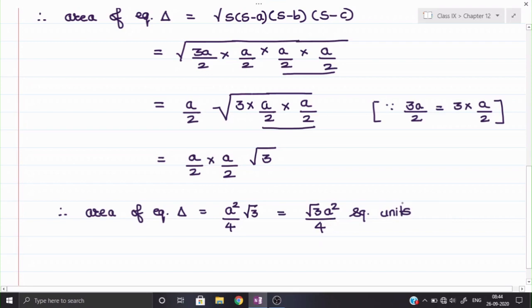So see, this is the only formula of area of equilateral triangle, we know it, okay, and that you may be applying in the initial part of the question only, okay, that is not required.